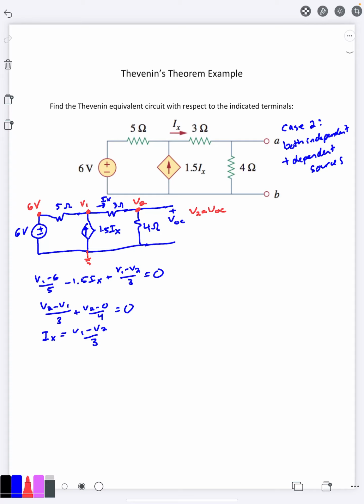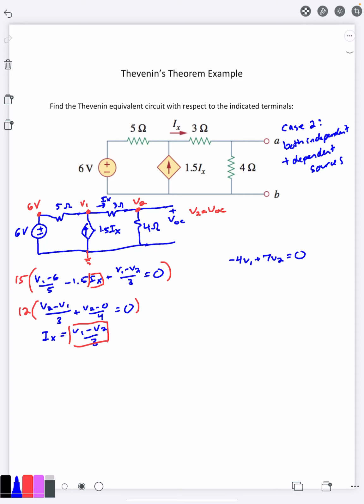So first we can clear out the denominators here and multiply by 12. If I do that and then simplify things, I would have a negative 4V1 plus 4V2 plus 3, which is plus 7V2, is 0. For the first one, if I substitute this in for Ix and then multiply everything by 15, I'll skip a little bit of the work here to save time.